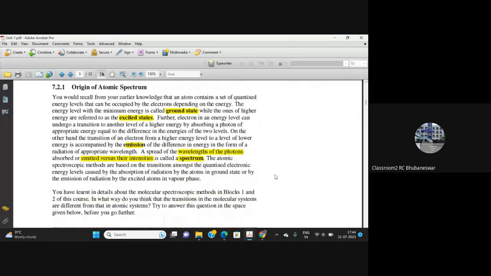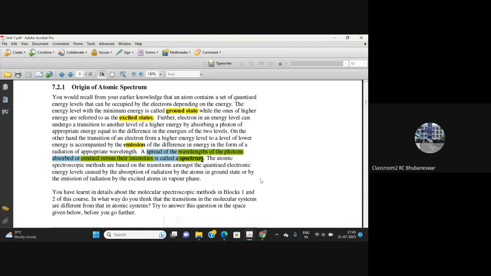From where is the origin? Like I was telling you in the case of molecular species, here also you have a ground state and an excited state, and when it comes to the lower energy level, there is emission also. A plot of the wavelength of the photon absorbed or emitted versus intensity is known as your spectrum, like the way we discussed during molecular spectroscopy.